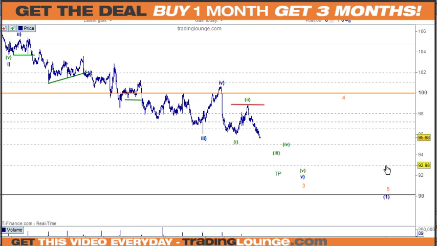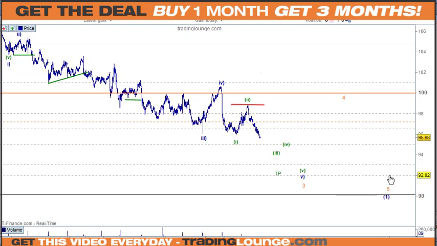So anyway, all we can do is just count the waves at the end of the day, and look to the closest largest number within our count, and then that becomes the target, rather than having something at 1618 or 2618 and all the rest of it, because it's a little bit of a hit and miss.